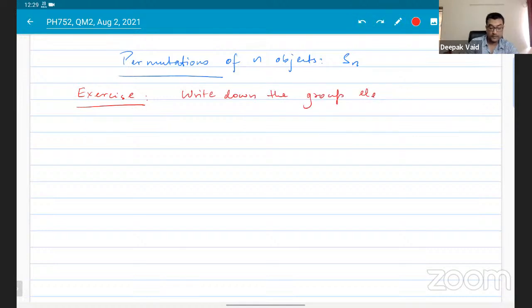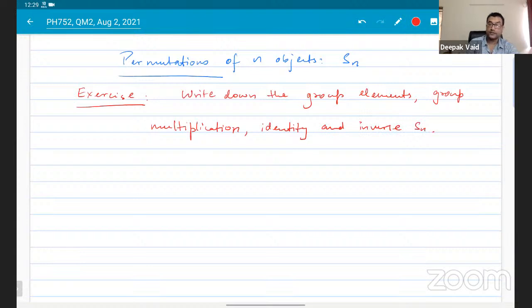Write down the group elements. What is the group multiplication? Identity and inverse for Sn. So it's a set of permutations of n elements. So the group multiplication is simply the permutation action, right?